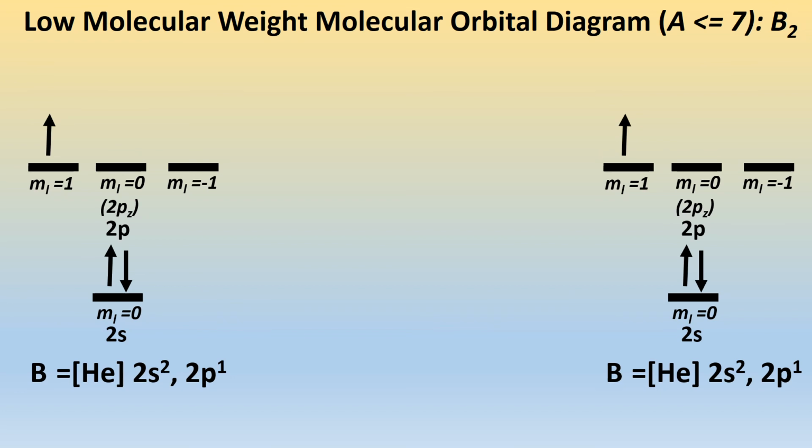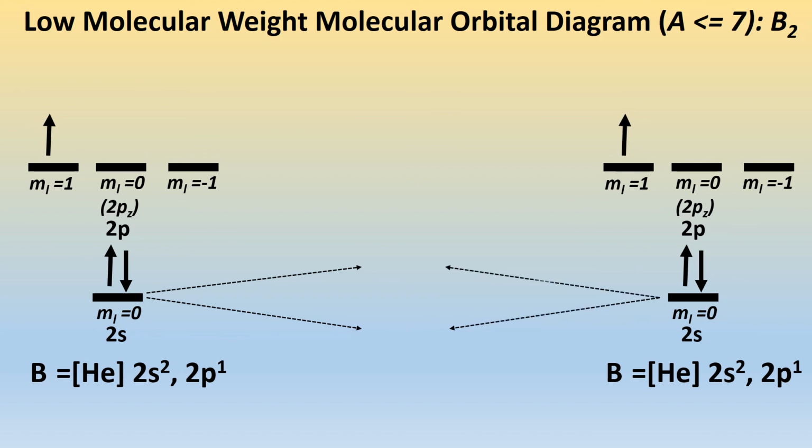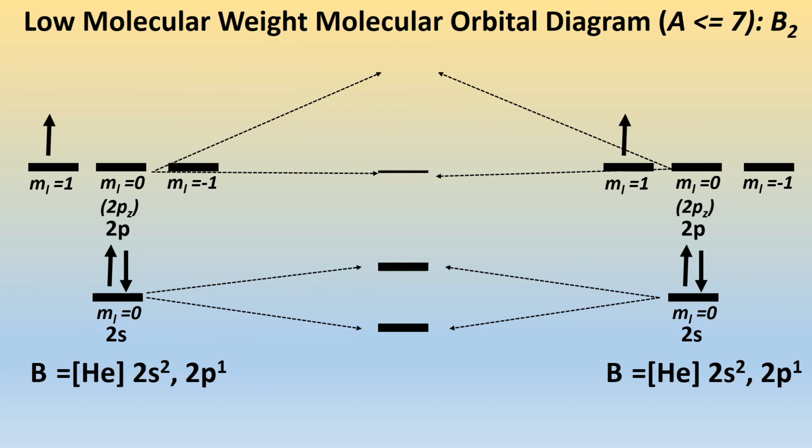As mentioned previously, angular momentum has to be conserved when forming molecular orbitals. Therefore, all the lambda equals 0 orbitals will meet to form other lambda equals 0 orbitals, which will be sigma and sigma star.